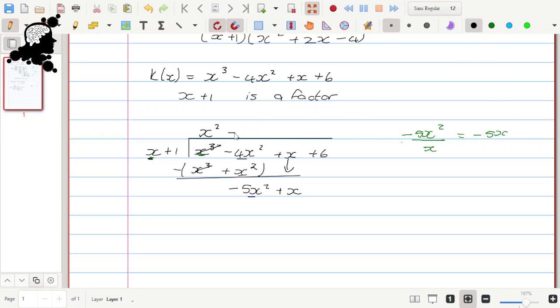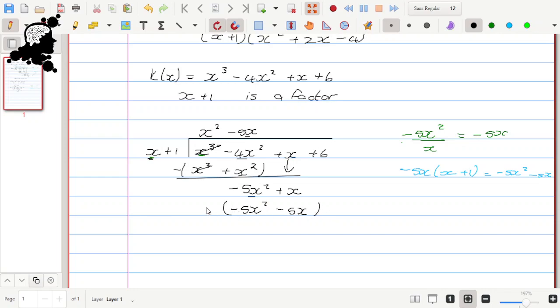We write the minus 5x up there. Then we take the minus 5x and multiply it with the factor. So minus 5x multiplied by x plus 1 is just going to give us minus 5x squared minus 5x. So let's write this down.